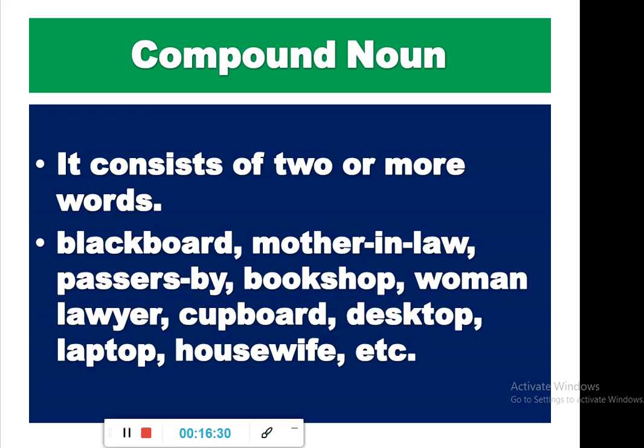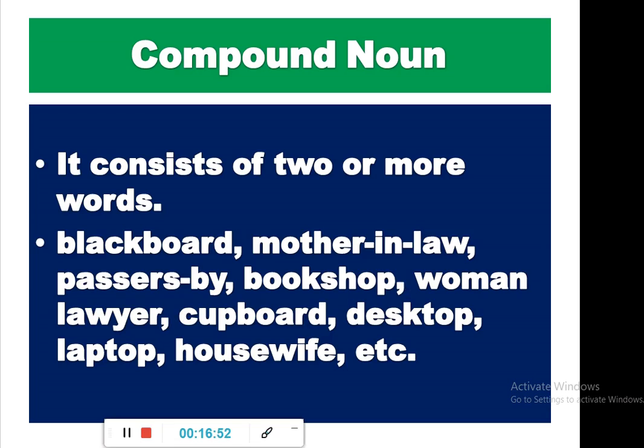Alright? Then there are some types like woman lawyer. Of course, we pluralize both. Woman becomes women and lawyer becomes lawyers. So we talk of women lawyers. Alright? Women lawyers.